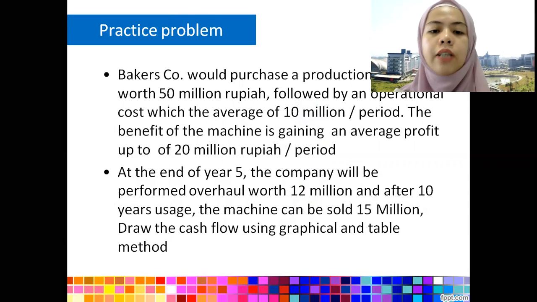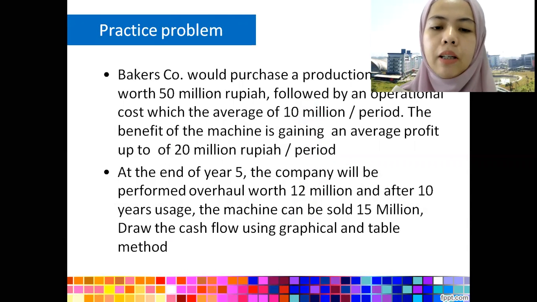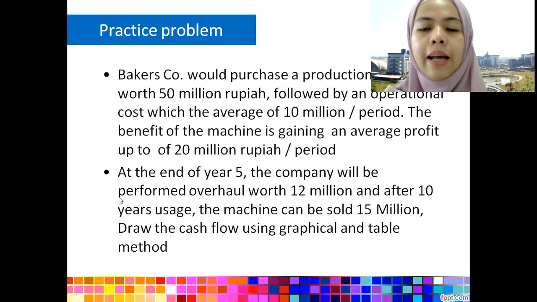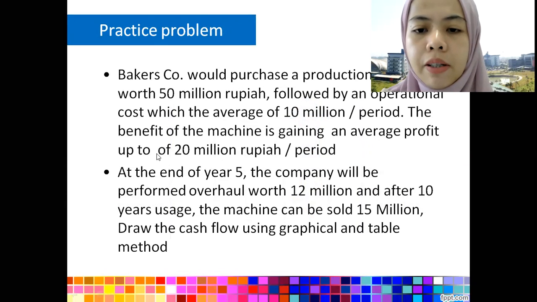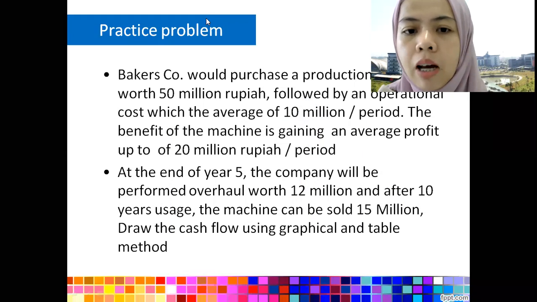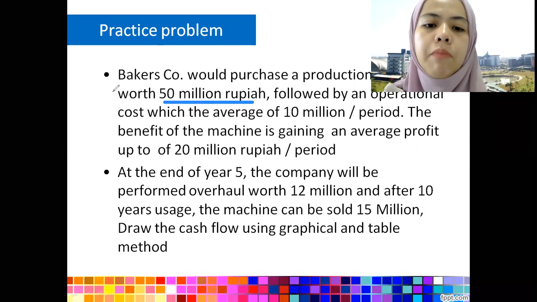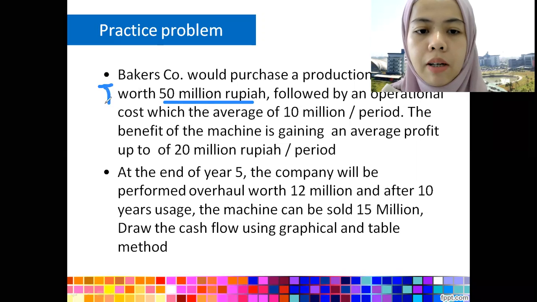Now, to understand how to draw the cash flow using the two methods, graphical and table, let's investigate the practice problem itself. Purchasing a machine means this is the initial investment.